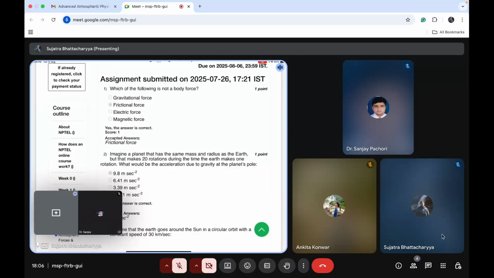And there is also the second question, where we will derive certain things which I have already derived once. So you will see that gravitational force acts towards the center of the Earth, which is nothing but a body force. So towards the body of the Earth, the force is being applied. So all three are body forces except for the frictional force or viscous force.